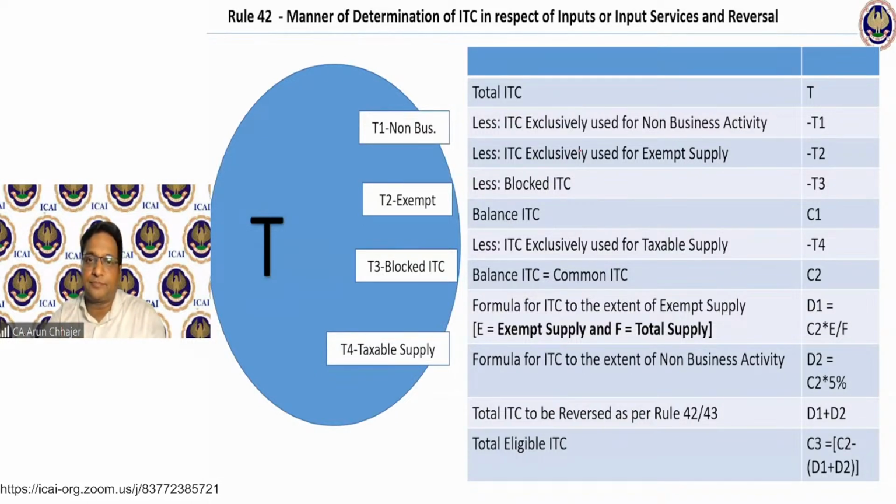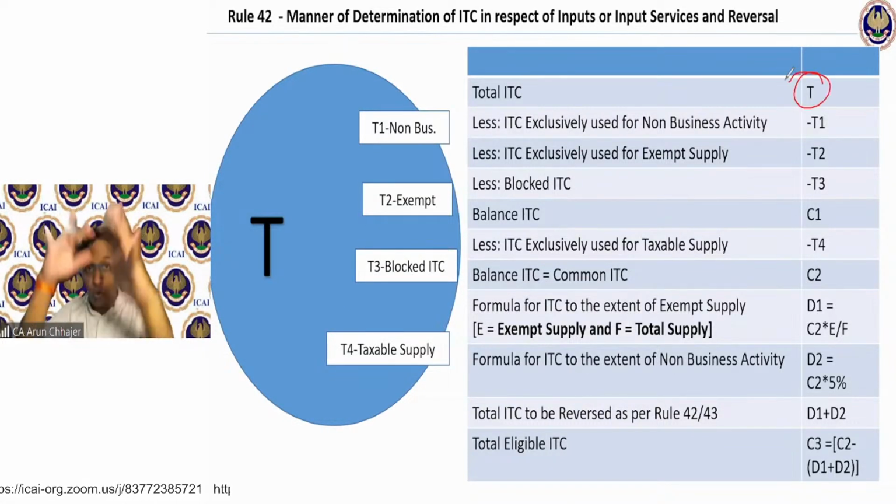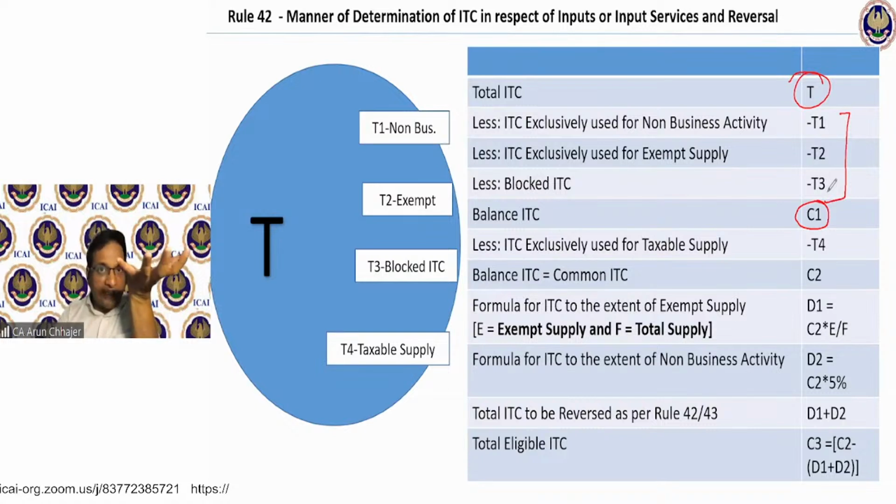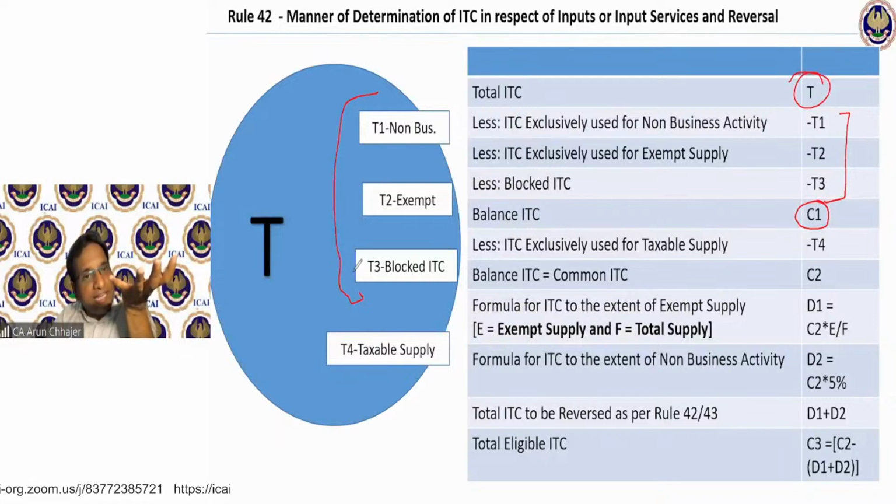Rule 42 says first calculate the total ITC, out of which you need to remove three components. First, remove any ITC which is exclusively, with a one-to-one relation, for non-business activity, exempt supply, or blocked credit.